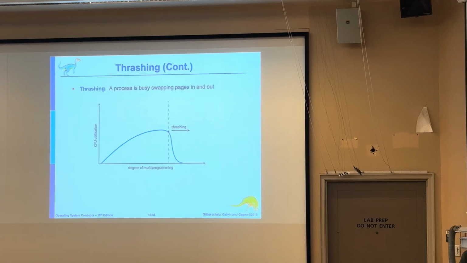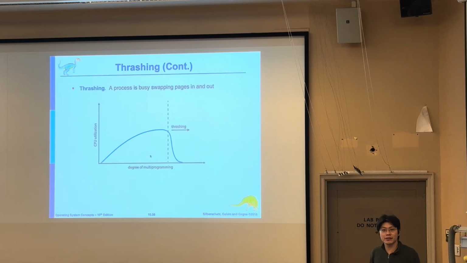Why is it possible? If we use only CPU utilization, it might be hard. Because at this point and this point, the CPU utilization is the same. And when two different points have the same CPU utilization, you cannot tell. What else? What is the other signal that you can use to differentiate whether the system has too little multi-programming or too much?